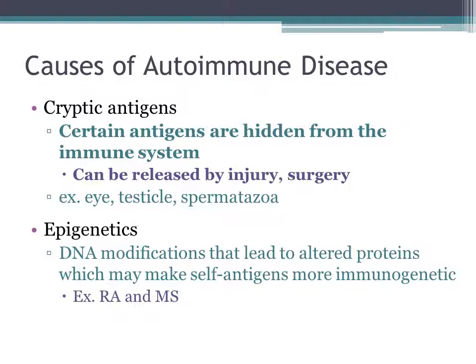Sometimes these genetic modifications make certain self-antigens, that the body has tolerance to, change a little bit, and suddenly they're immunogenic and may stimulate autoimmune disease. This may occur in diseases such as rheumatoid arthritis and multiple sclerosis.